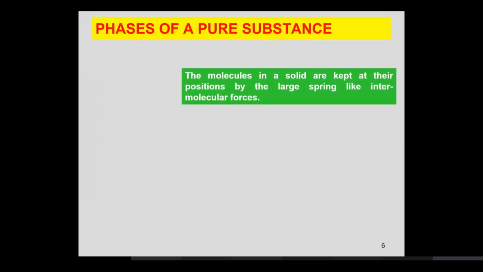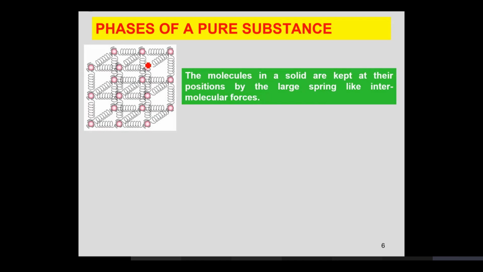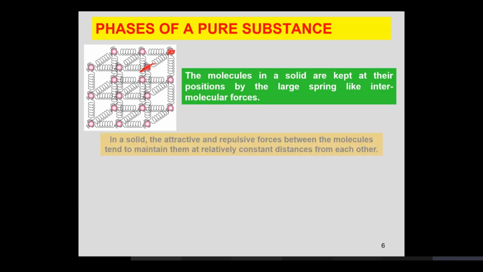In the phases of a pure substance, the molecules in a solid are kept at positions as if they are attached with springs, having intermolecular forces. So these are the atoms of a solid, and it is assumed that they are vibrating at their positions, but they're not allowed to move freely from their positions.